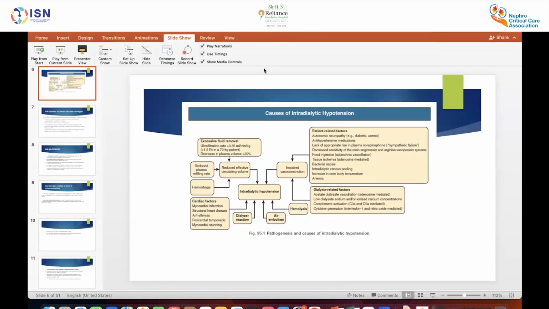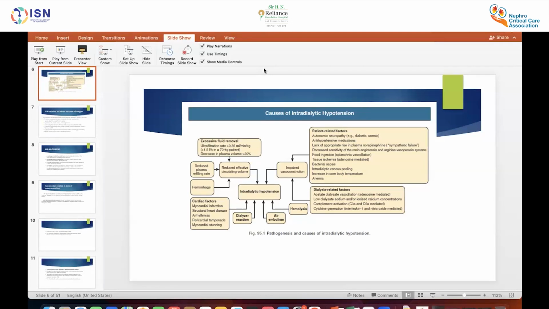Correct. So then we are not giving an isotonic fluid. Why is it called normal saline then? We are using a fluid hypertonic to the plasma. It is not normal.